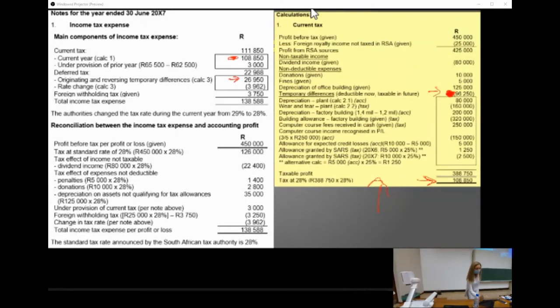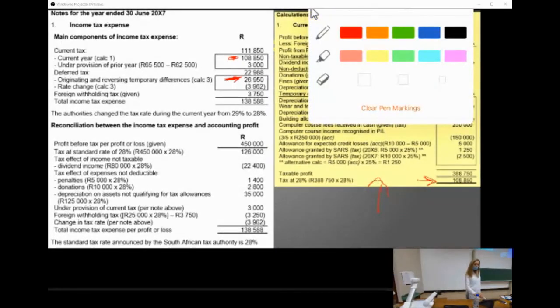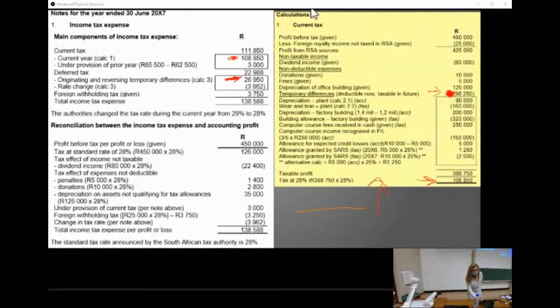So this journal amount, 26950, actually comes from my deferred tax calc. We had a deferred tax GL account, and we did our deferred tax calc, and said that was our opening balance and we want our closing balance to be whatever.